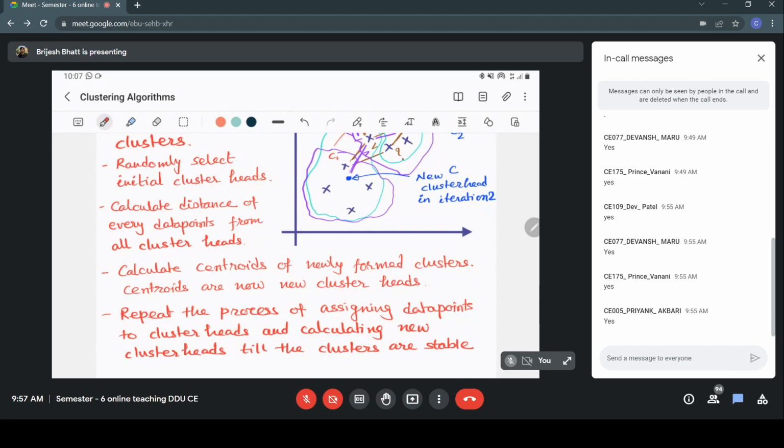Repeat this until the clusters become stable.